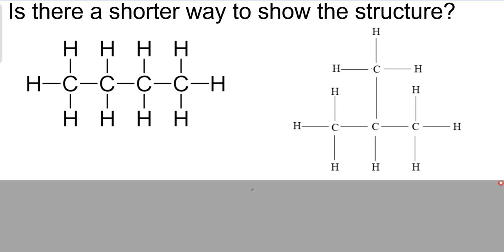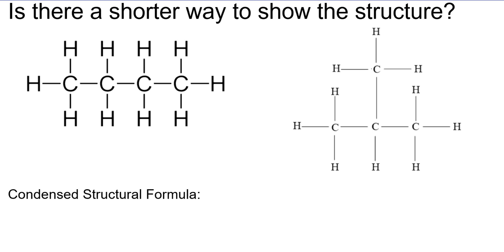Looking at these diagrams, one always has to ask, well, is there a shorter way to draw this? Do I have to do all of these details? And of course, the answer is yes, there's another way that we can do it. And the way we do that is called a condensed structural formula. So what we do is we look for each particular carbon and we see what's attached to it.